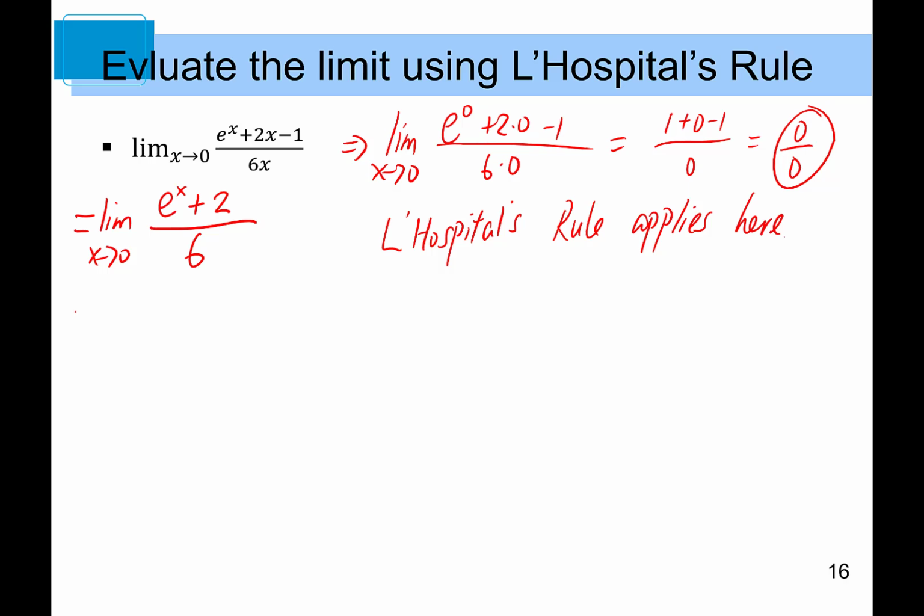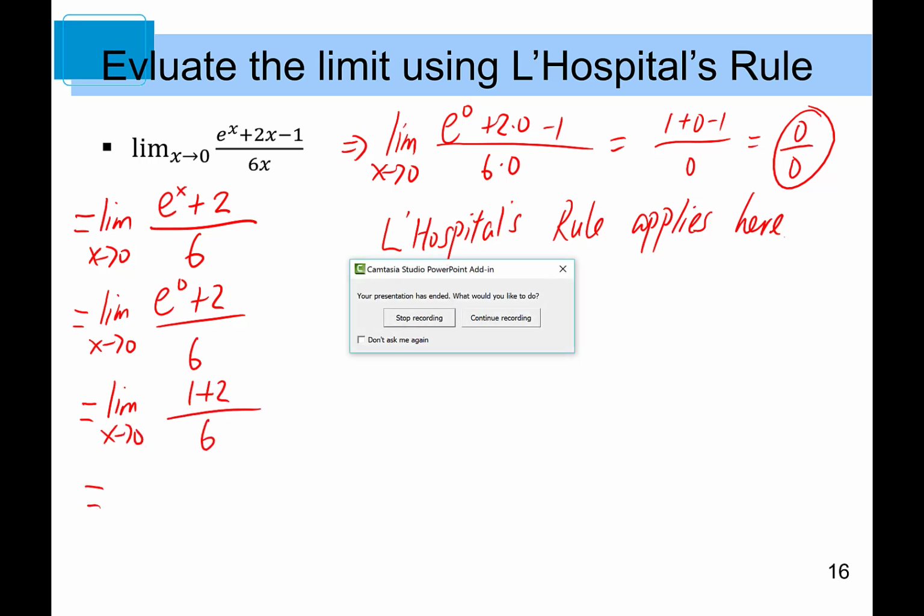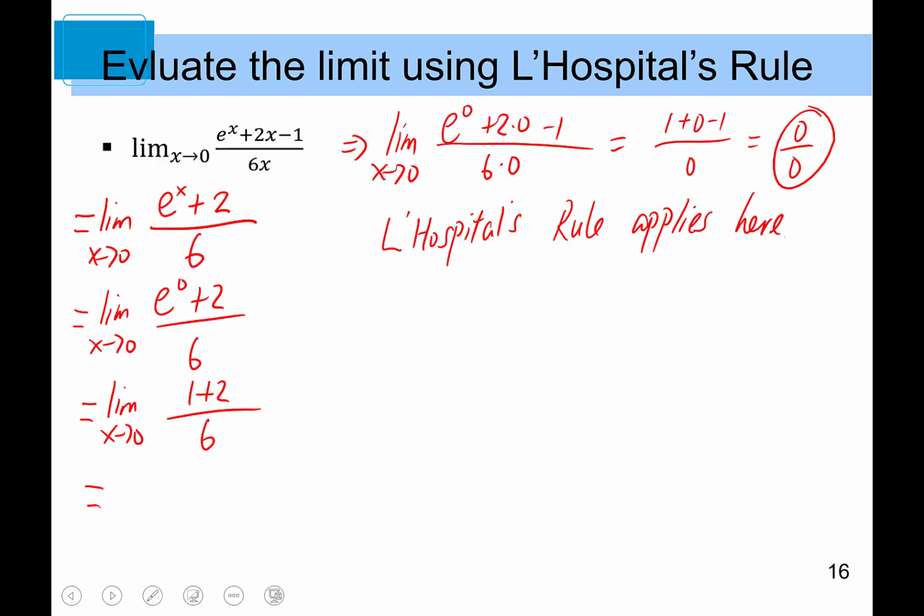Now you do direct substitution. Replace x with 0, so e to the 0 plus 2 over 6. E to the 0 is 1, as I mentioned many times. So it just becomes 3 over 6, and 3 over 6 is half.